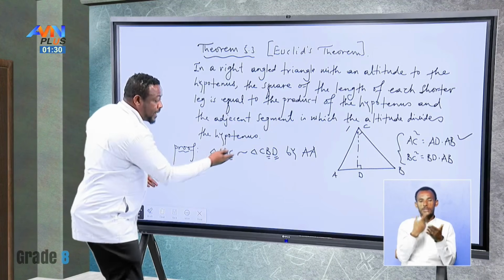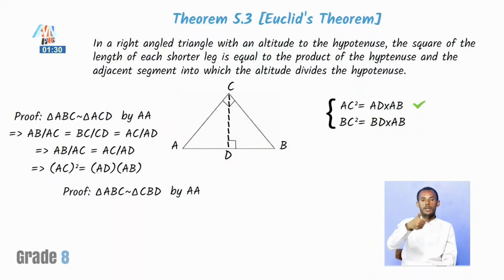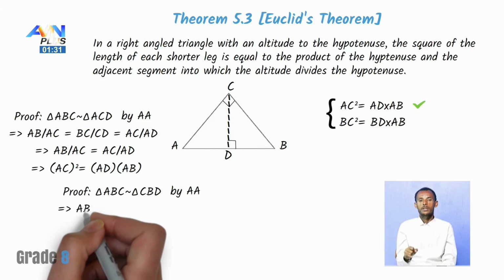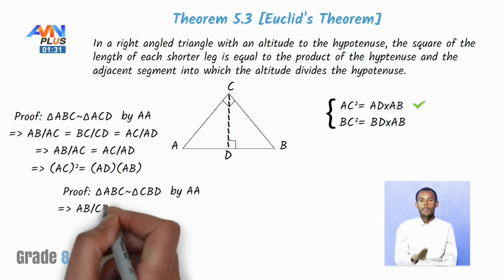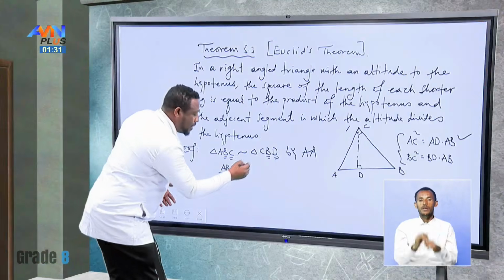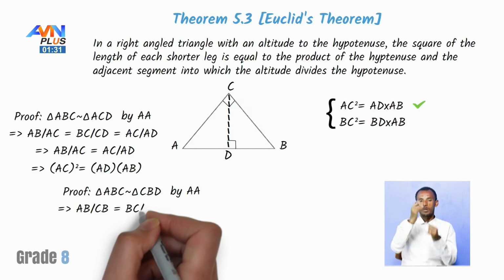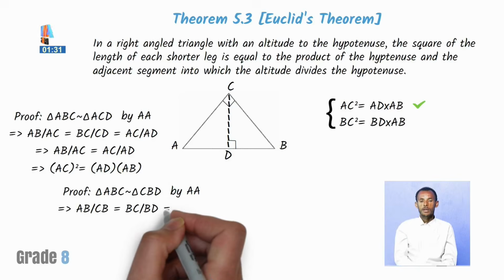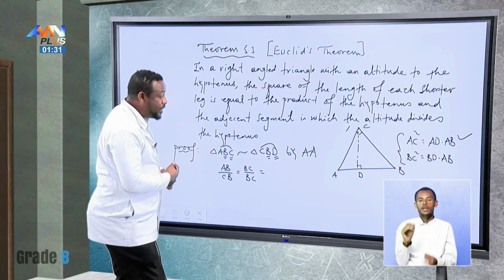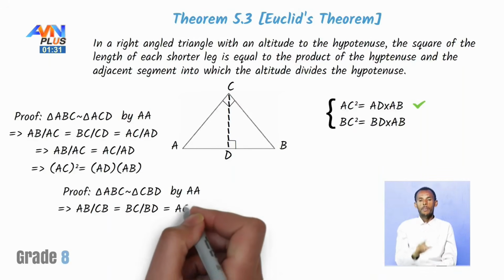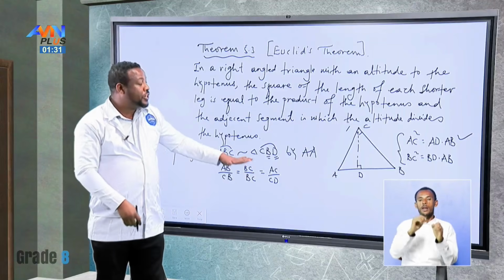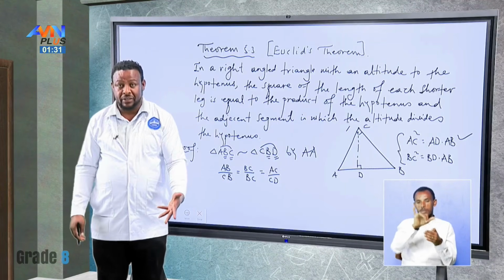So this tells us AB over CB must be the same as BC over BD, and this must be the same as AC over CD. You can get these ratios by similarity of the two triangles.